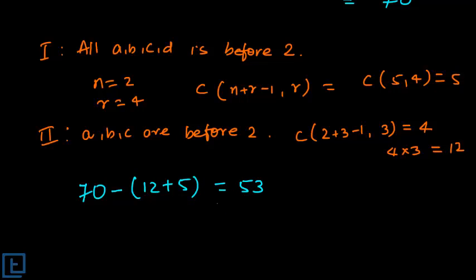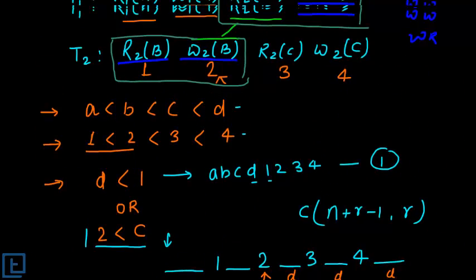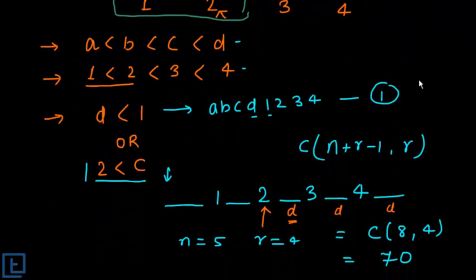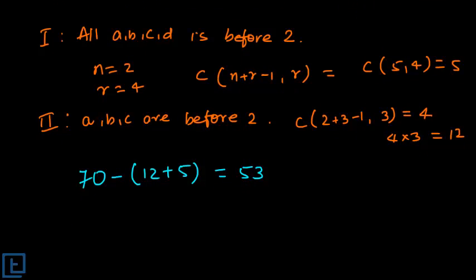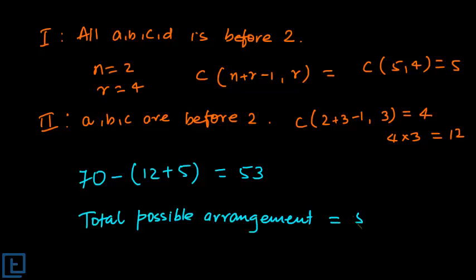Okay, so if you remember, from the first case we got one arrangement, right? And from the second we got 53. Here this is OR, so we will add these values, that is we will have total arrangements possible equal to 53 plus 1, which is equal to 54. So 54 would be the correct answer for this question.